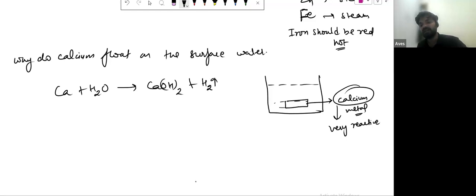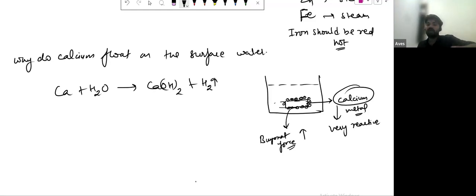This hydrogen gas gets bubbled on the surface of calcium and produces a buoyant force that uplifts it, that helps in calcium floating.